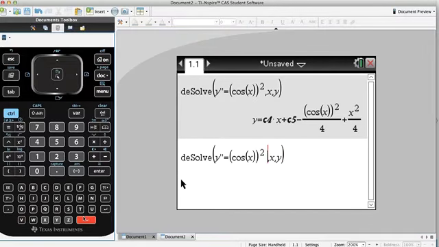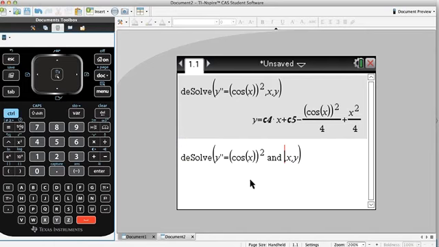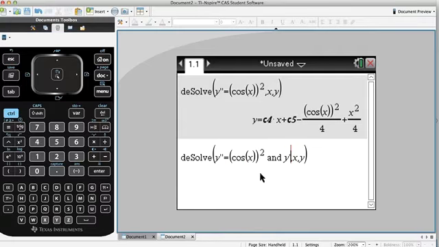I'm just going to put a space, then type A-N-D, space, and from the work that we did, our conditions were when the first derivative is 0, x is 0, and when y is negative 1/8, x is 0 as well. So let's put those in. So I'm going to put y dash, so that's the first derivative.